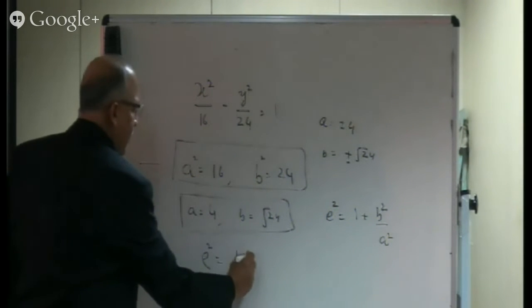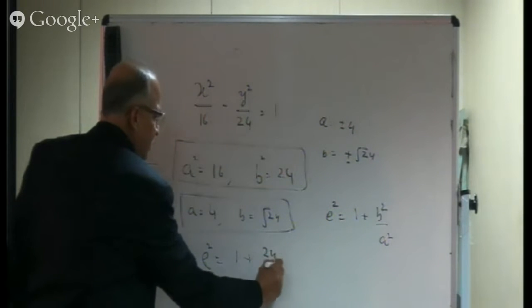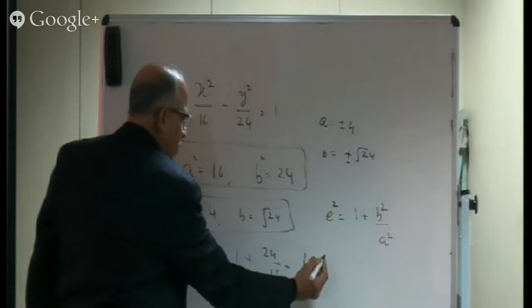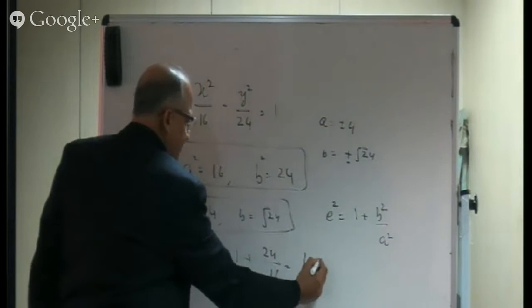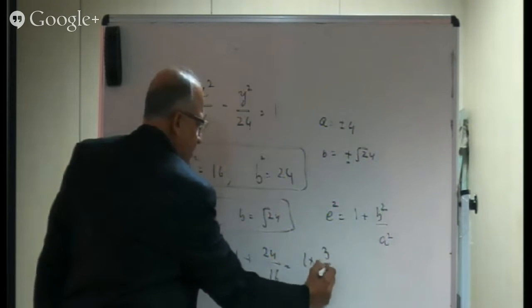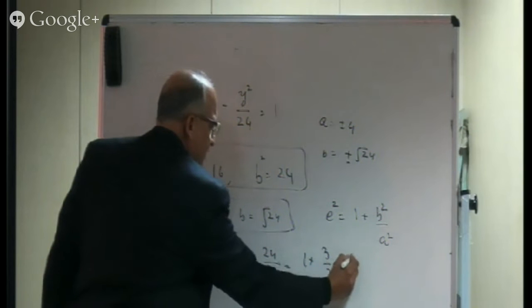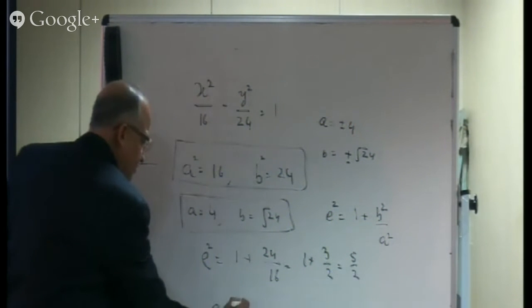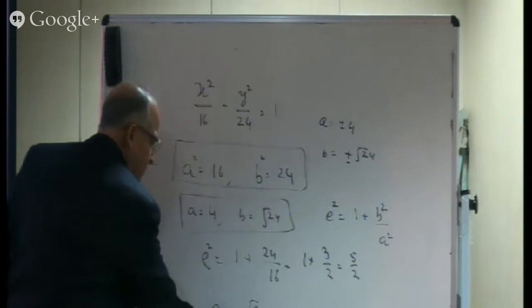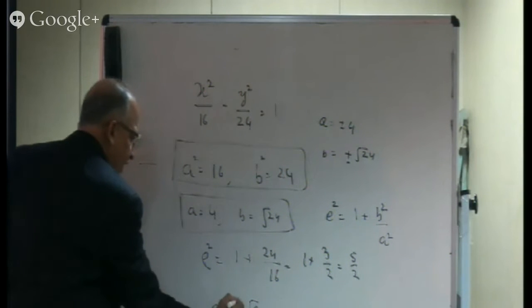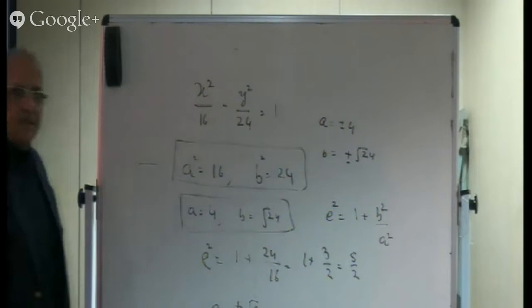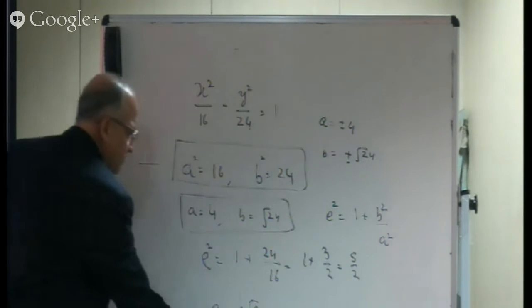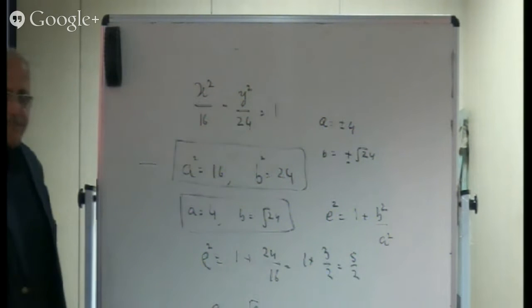It is 1 plus 24 divided by 16. It is 1 plus how much? 3 by 2. That means it is 5 by 2. So e is root 5 by 2. I could have written plus minus, but since it is a ratio, it cannot be negative. So the value of e is root 5 by 2.